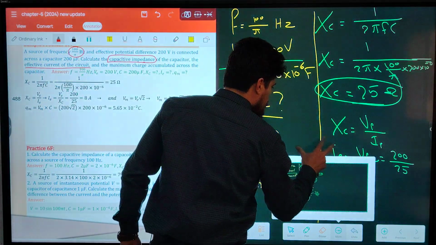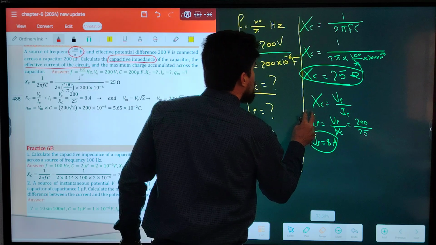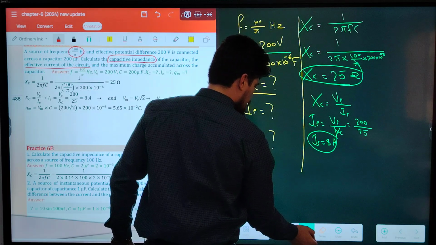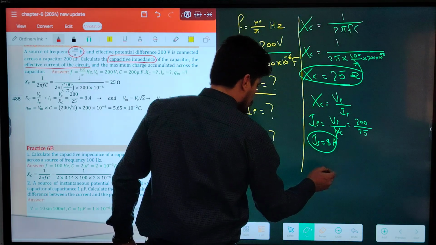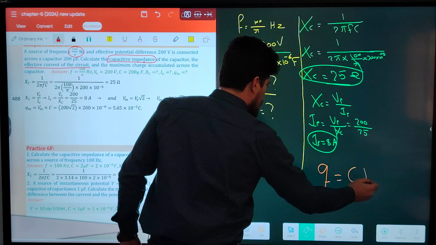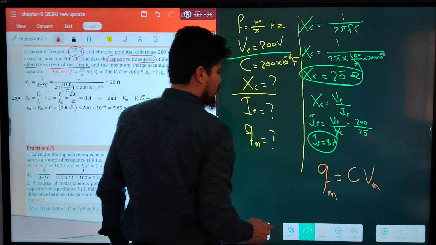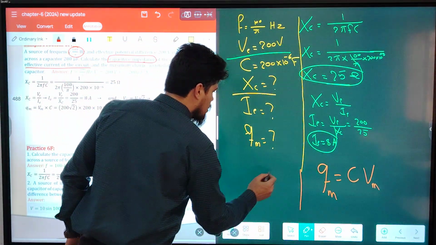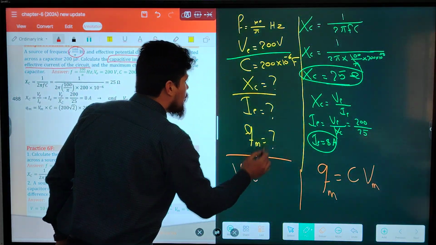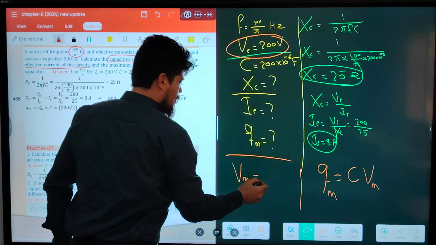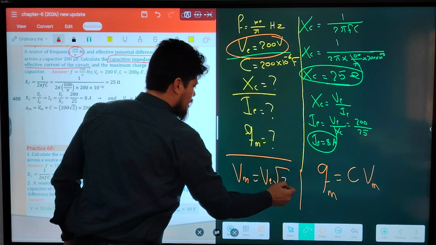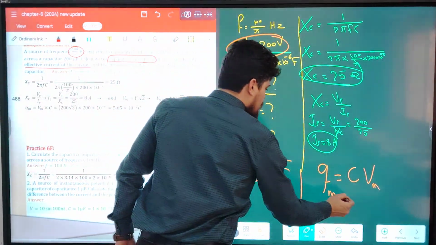Maximum charge accumulated in the capacitor is equal to what? Charge is equal to CV. Maximum charge, C times maximum volt. Do we have maximum volt? No. Vm, we have VE, so Vm is equal to VE times radical 2.